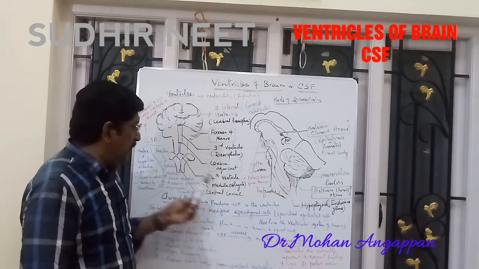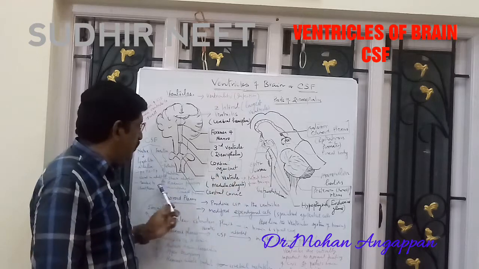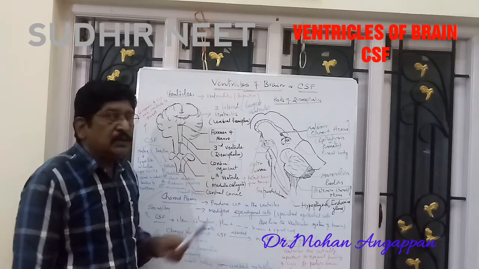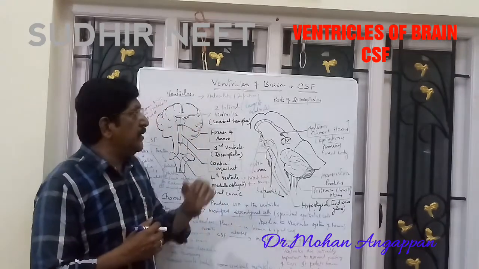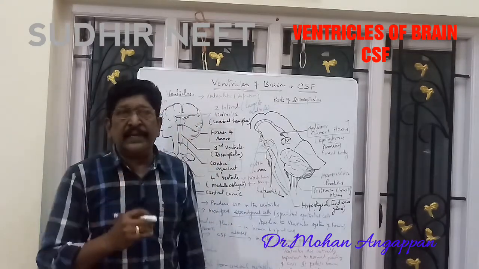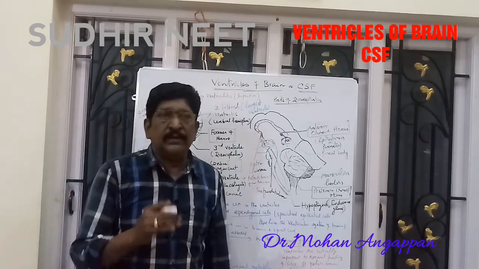And then the nature of CSF and the functions of CSF. So in this chapter we have clarified everything regarding the ventricles of the brain and the cerebrospinal fluid. Thank you very much.